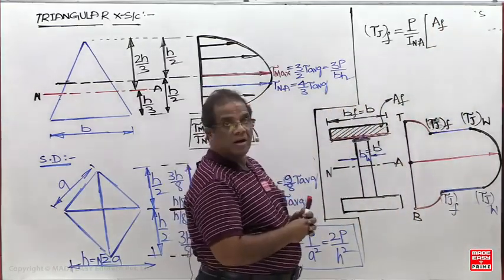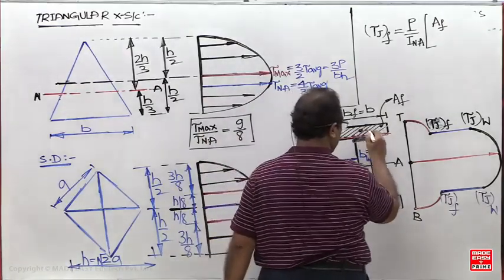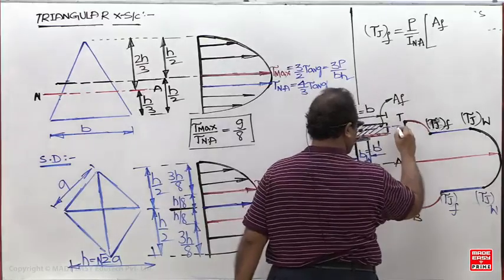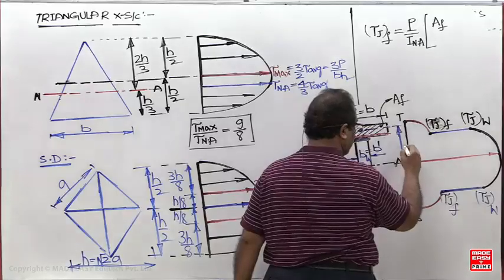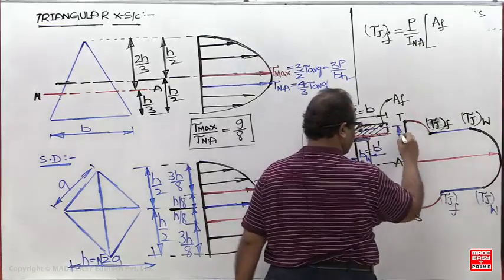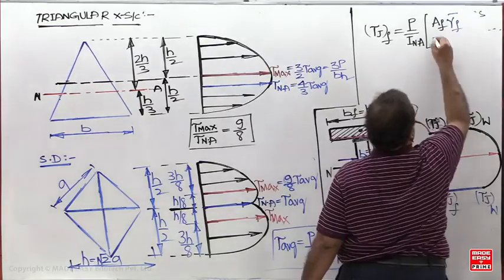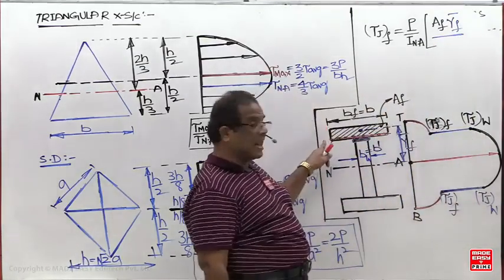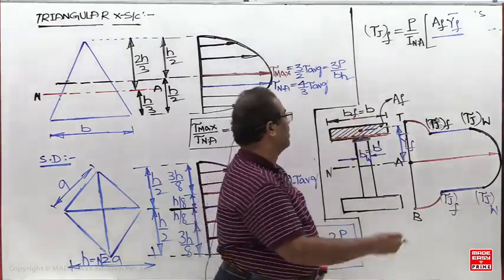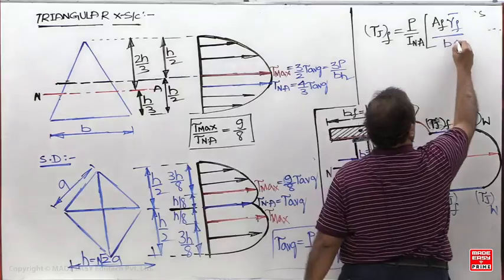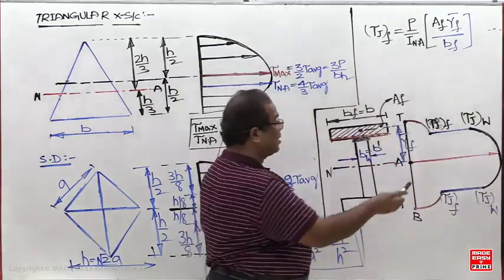Next, Y bar. From where do you have to measure Y bar? Y bar of the flange, upon which width? We are calculating the stress at the points on the red color line, so what is this width? BF. Now how to find out the shear stress here?